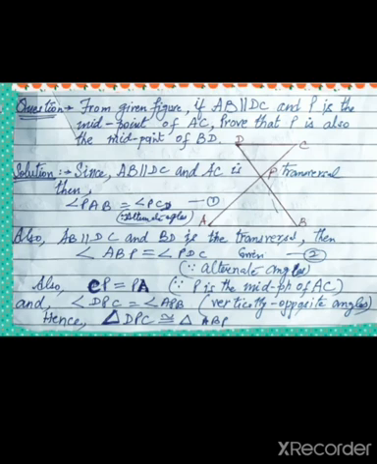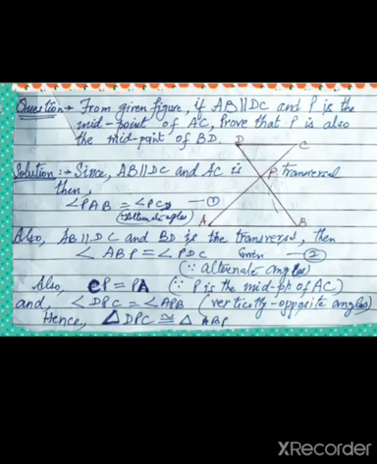Since AB is parallel to DC, and AC is a transversal between these two parallel lines, we can say that angle PAB is equal to angle PCD. Look carefully why they are equal. They are alternate angles. Remember alternate angles? They are alternate angles.